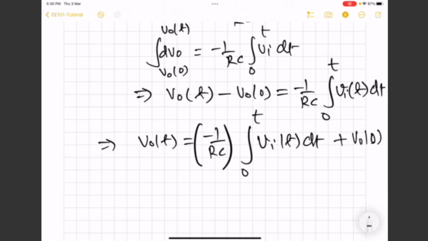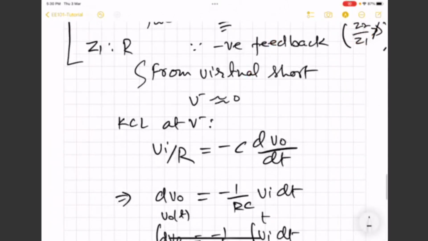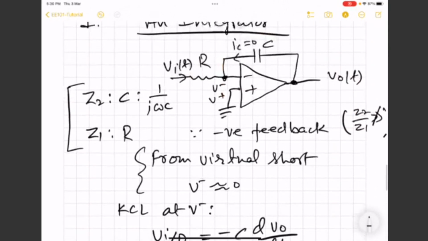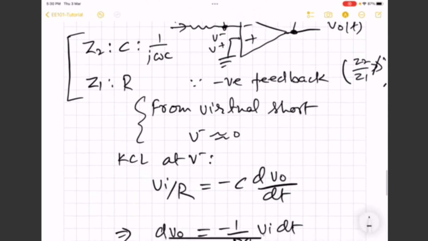That is why this circuit is called an integrator. And this circuit is used very often. This virtual short idea has simplified this analysis. But if someone wants to carry out exact analysis, one can do so without assuming this virtual short, taking help of this universal equation, which is always valid, whether a loop is there or not.